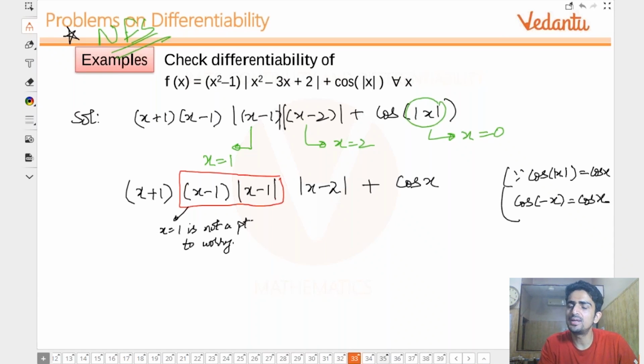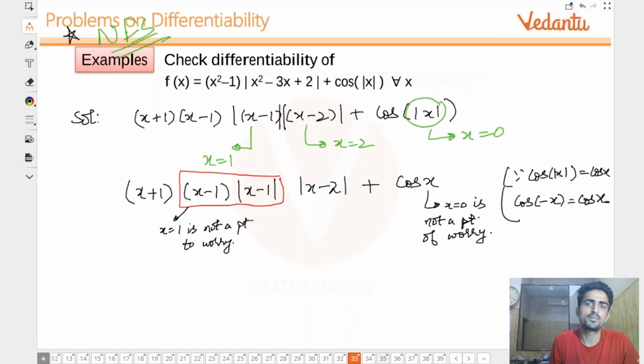So cos of mod x is cos x. Hence, 0 is also not a point of worry. Do you understand that?